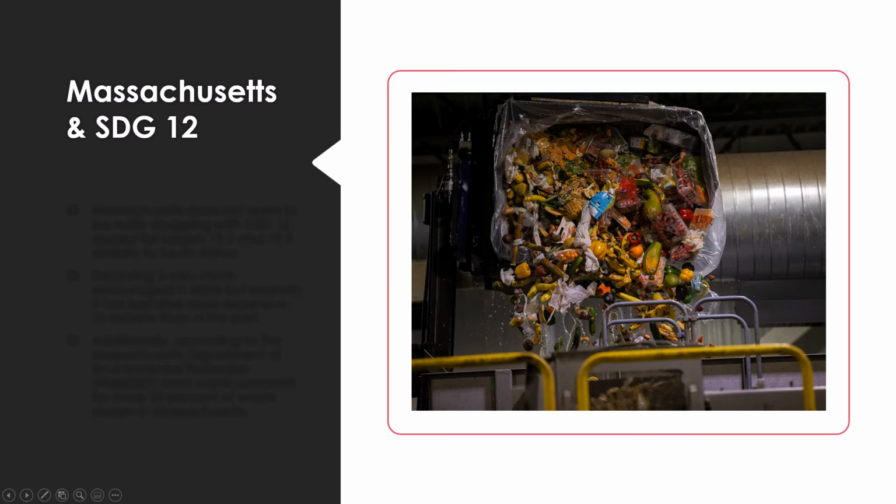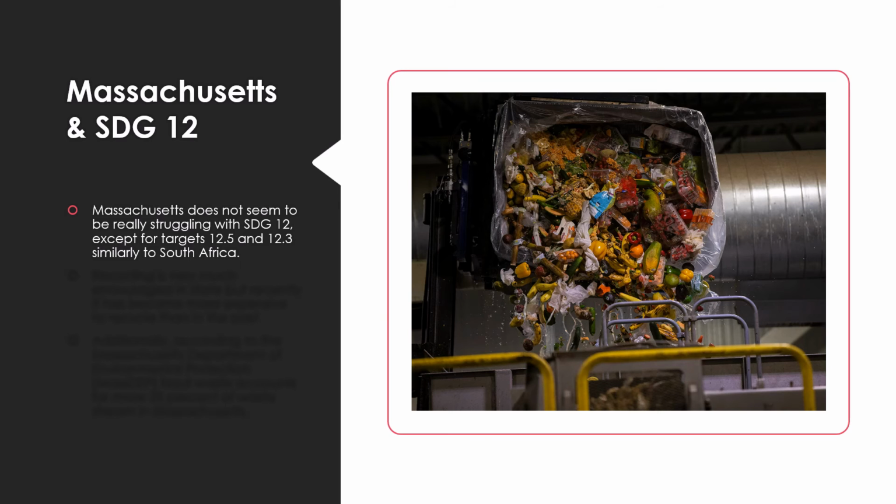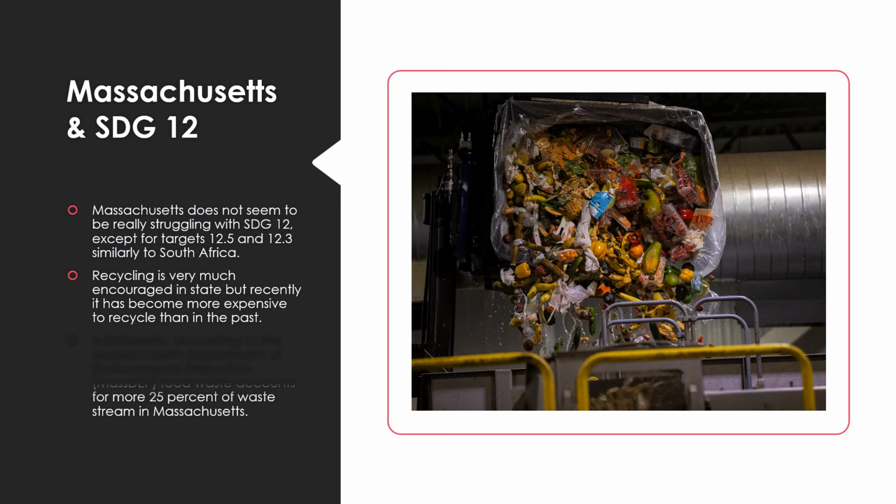Now, in comparison to a developed nation like the United States or specifically Massachusetts, they don't really seem to have too much of a problem with this, with the exception of a few things. This is in regards to reducing waste and recycling, as the price for recycling has gone up. For example, it now costs $140 a ton to process recyclables, as compared to $5 a ton back in 2017.